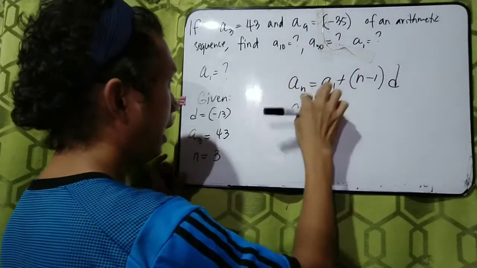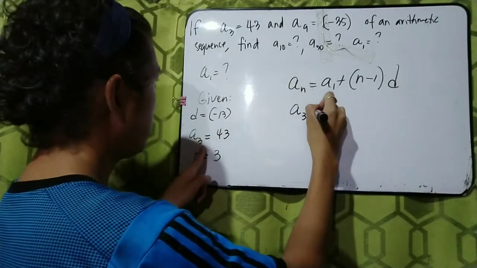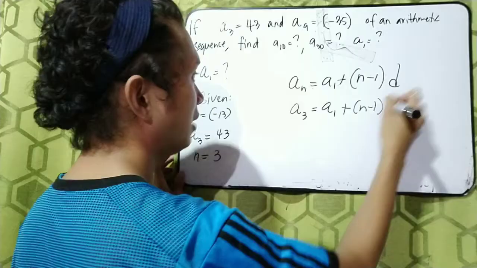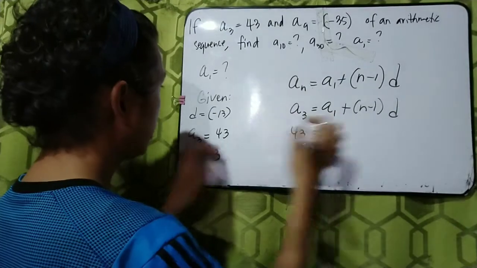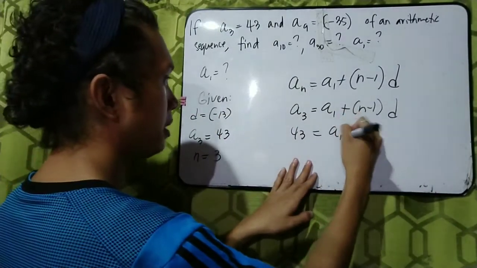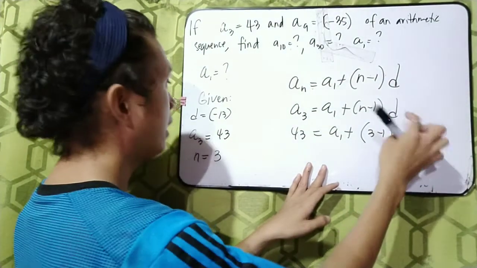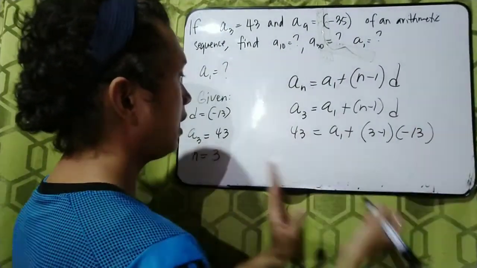So a sub n, which is our last term, that is a sub 3, is equal to our a sub 1 plus n minus 1 times d. A sub 3 is 43, equal to a sub 1 that is missing, plus our n is 3 minus 1 times our common difference, negative 13.